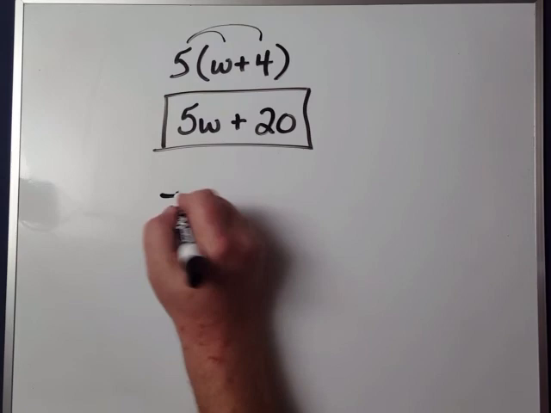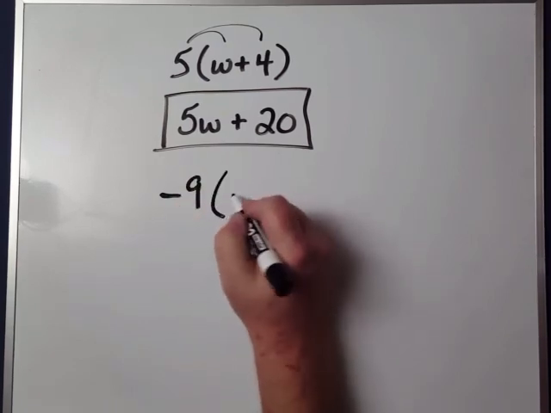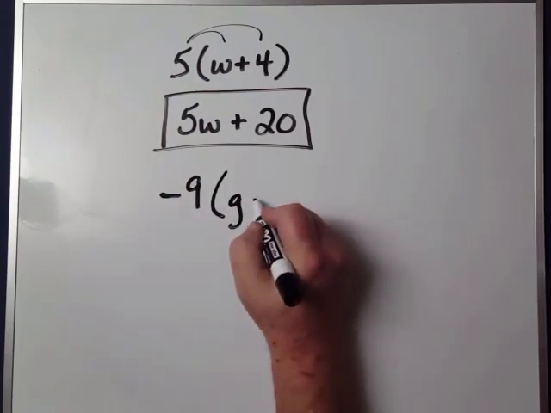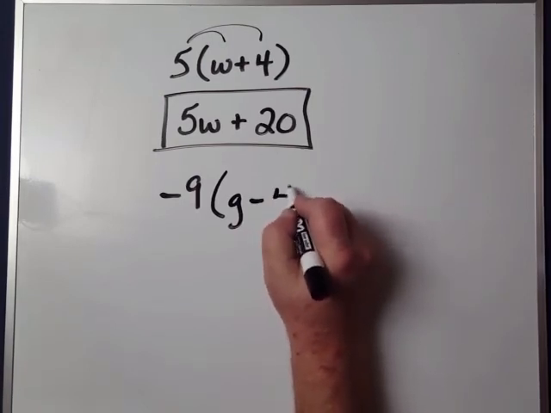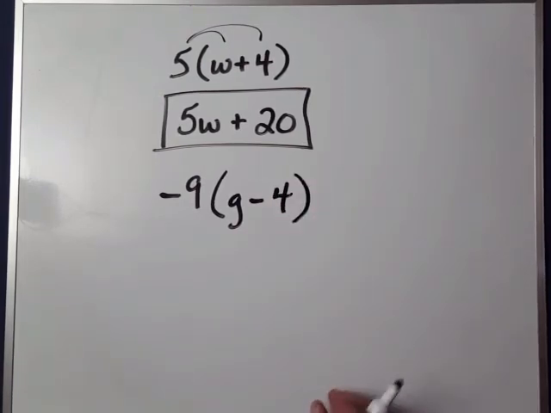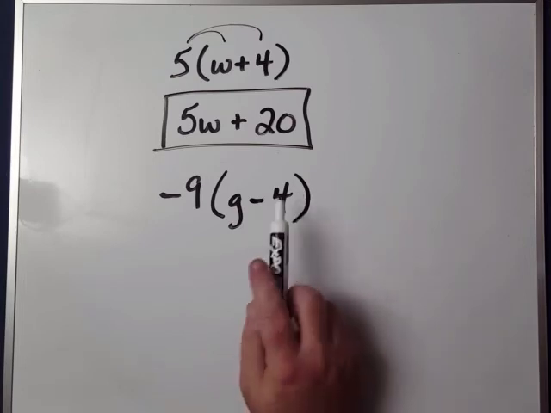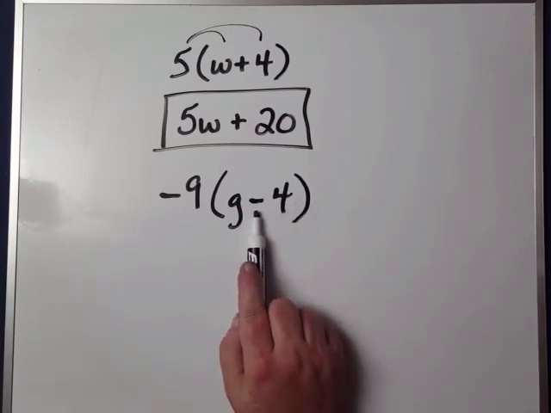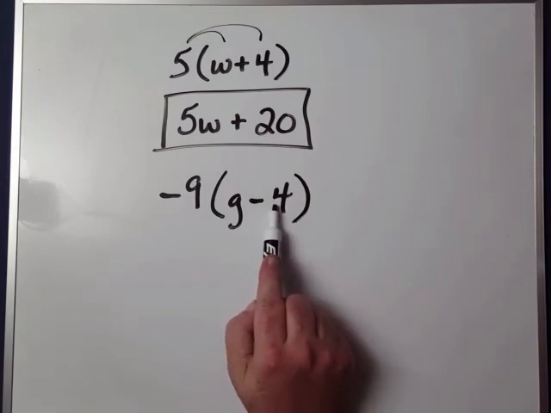Number 78. One instruction you're going to hear over and over this semester. Watch your signs. Watch your signs. A lot of mistakes that we make have to do with sign errors. So pay very close attention as we distribute this -9. Distributing is defined over addition. Well, we know that subtraction is just addition in disguise. This means plus a -4.